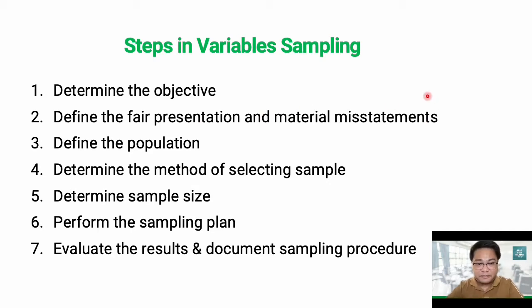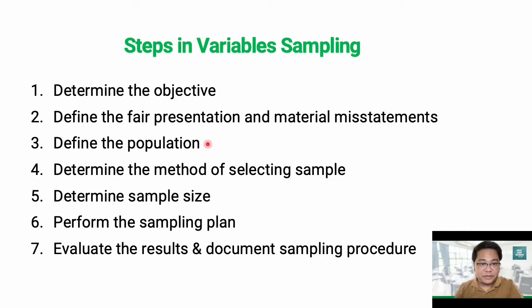For example, fair presentation is when the amount is stated in accordance with GAAP or PFRS. Material misstatement is when there is a difference between the amount expected by the auditor and the amount actually presented by the client. For example, the receivable expected by the auditor is 100,000 based on the audit procedures that the auditor performed, but the client presented 150,000, so there is a misstatement, the difference of the two amounts.